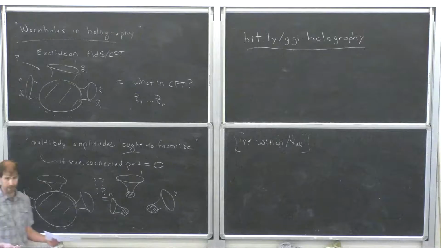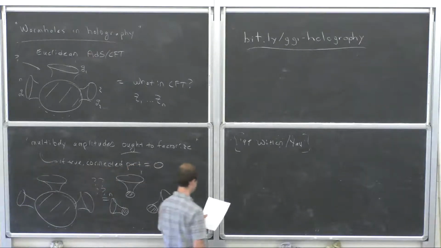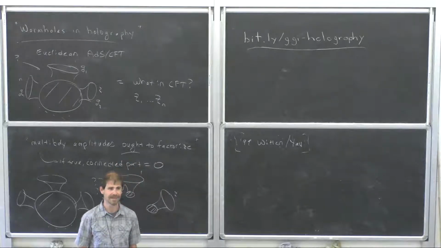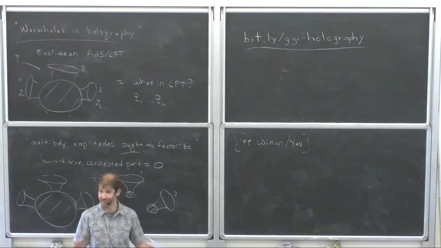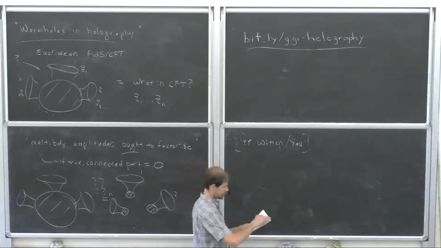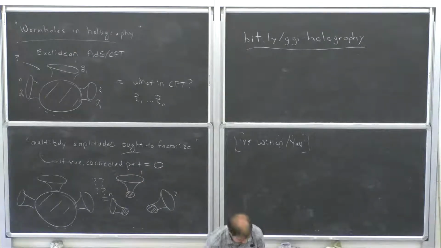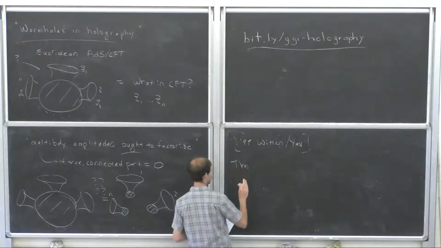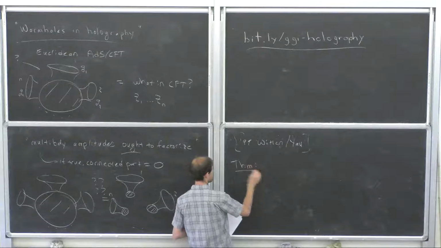And they prove a theorem. That theorem has a few limiting assumptions that you need to simplify the problem enough to make a theorem.